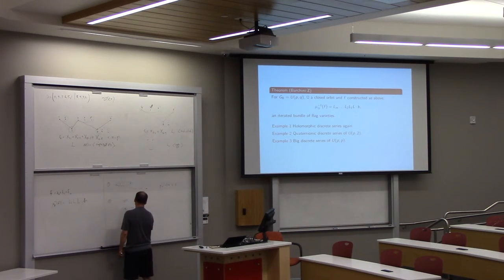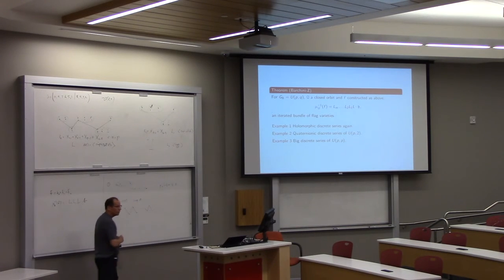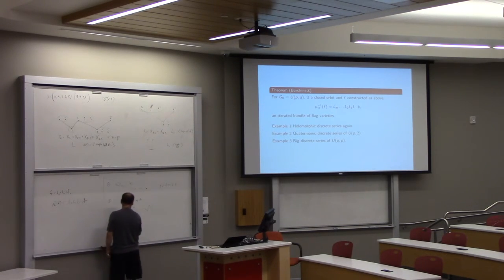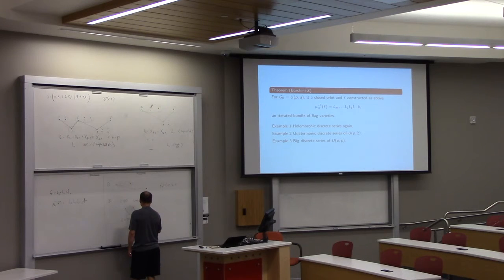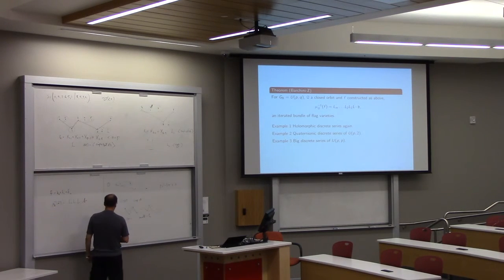And so you have one Jordan block going through it, and the L is just the torus. And so the multiplicity is 1. And well, you can do this for the quaternionic discrete series for, let's say, UP2 as a quaternionic discrete series.